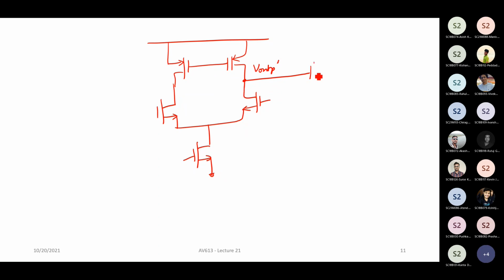So in this case, what you will do is you put up an NMOS source follower, and you have a current source here. This is going to be your V out P. For V out M, it's going to become something like this.